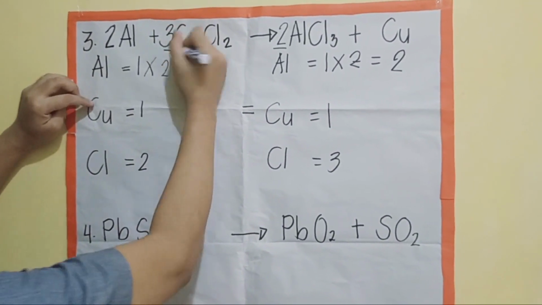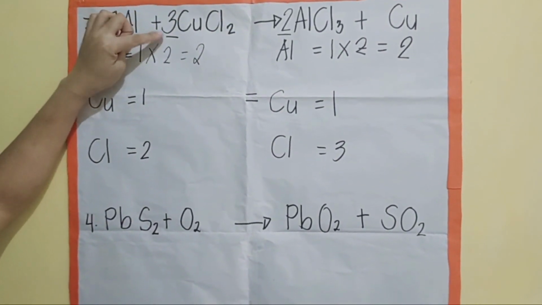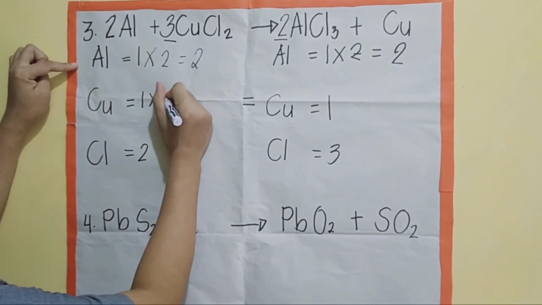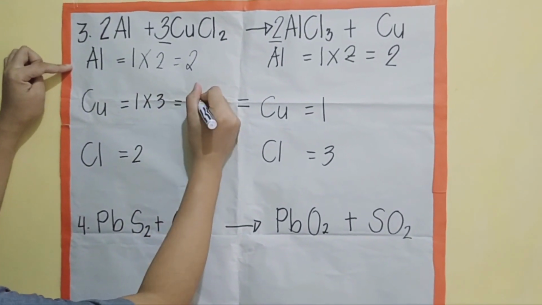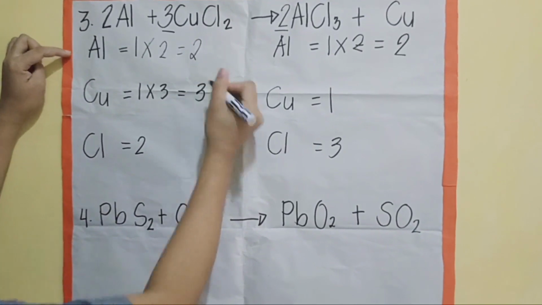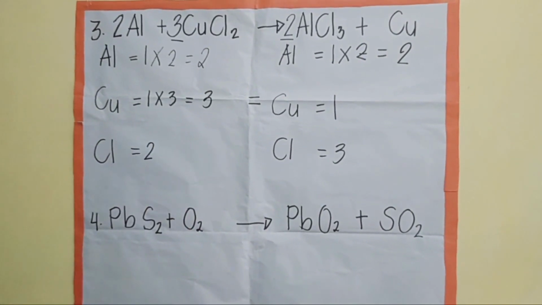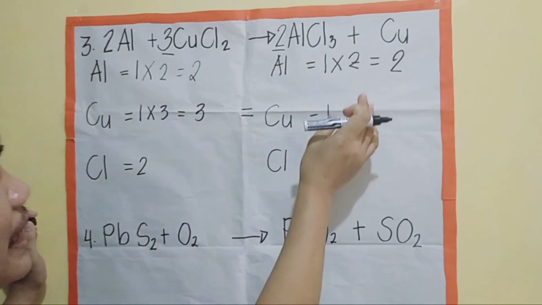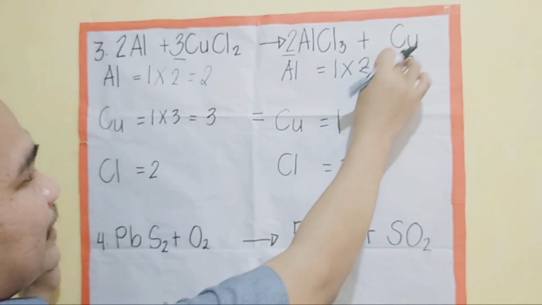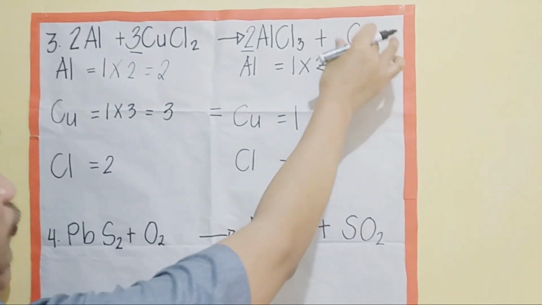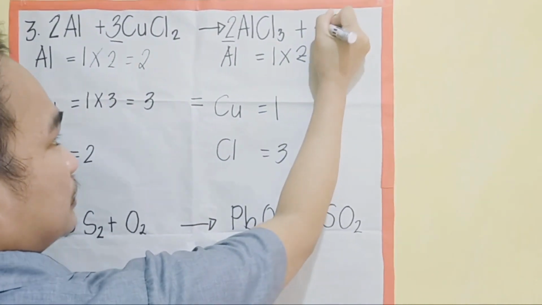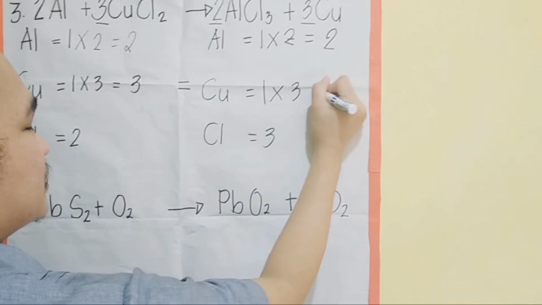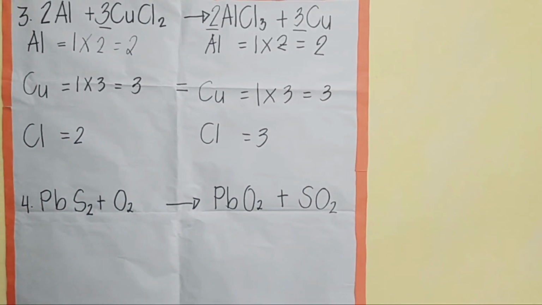We add 3 here, so 3 times 1 is equal to 3. Since we add 3 at the left side, we should add 3 at the right side to be equal. So 1 times 3 is equal to 3.